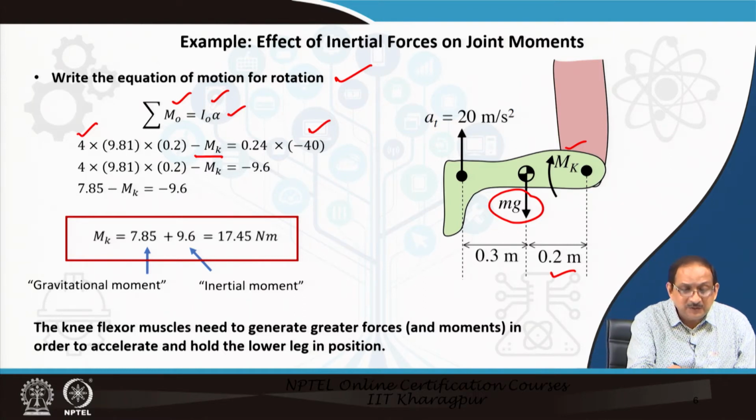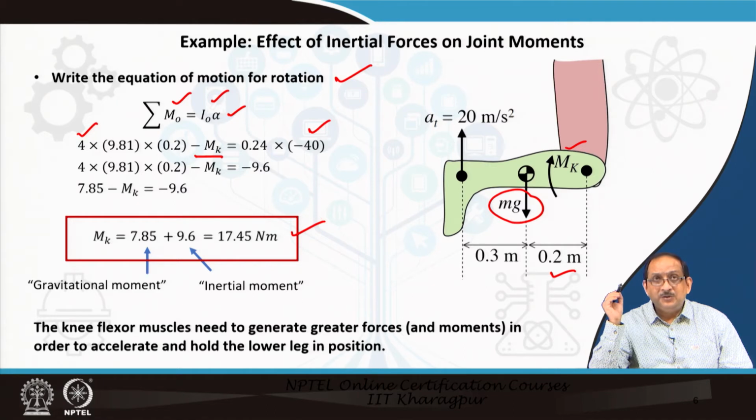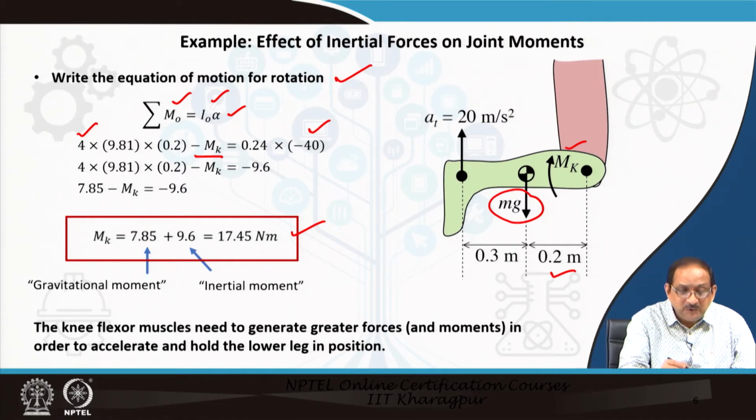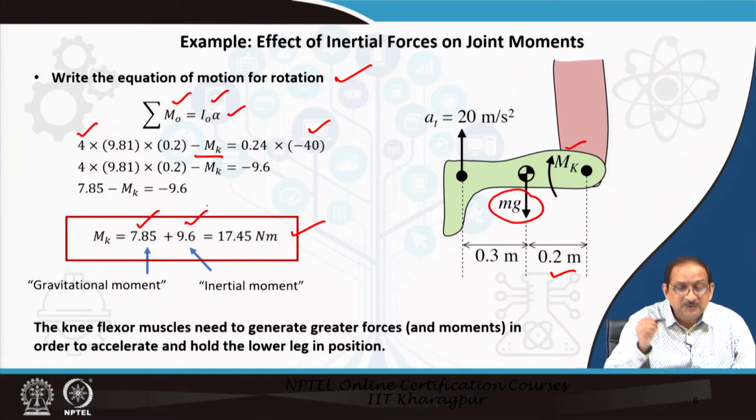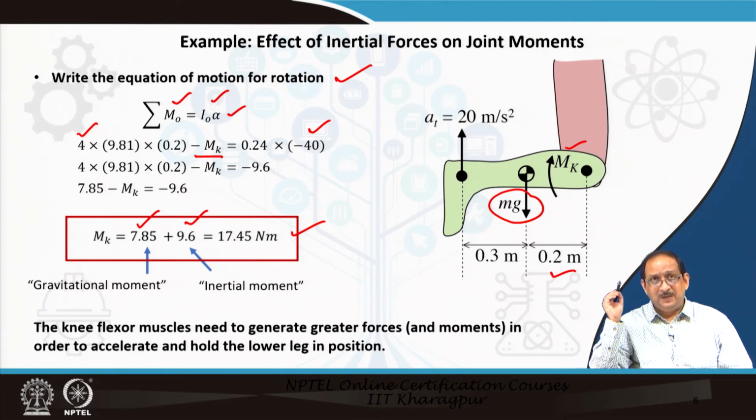After performing the calculations, we find the total moment required at the knee joint to be 17.45, out of which the gravitational moment is 7.85 and the inertial moment is 9.6. So, when the lower leg is in a dynamic condition due to knee flexion, we see that the total moment is more than double the moment produced by only the gravitational force.